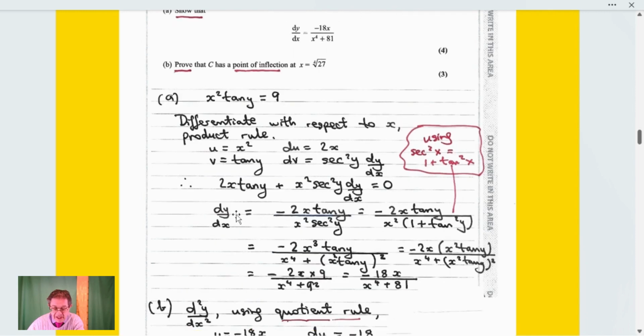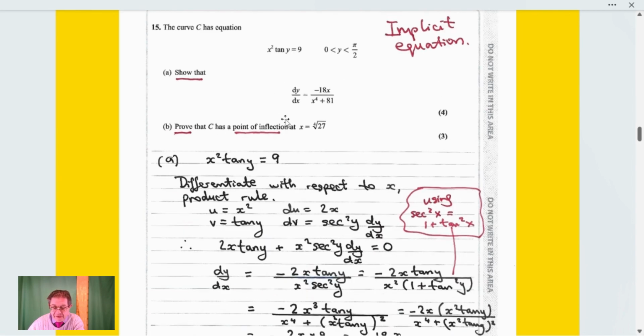Rearranging: dy/dx equals minus 2x tan y divided by x squared sec squared y. Now the question is written not in terms of x and y, but we're asked to find something with just x in it.